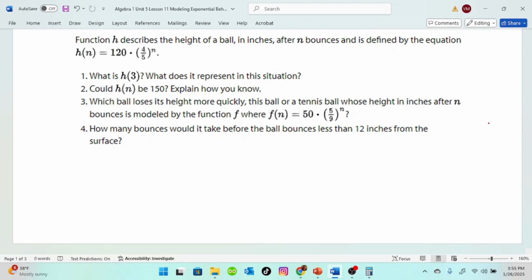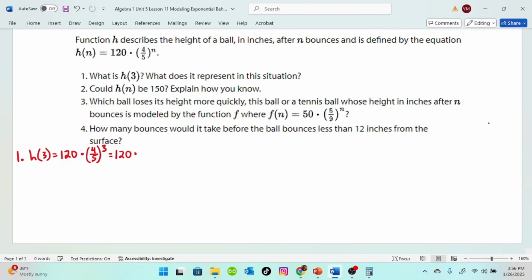So first, to solve it, all we need to do is substitute 3 into the equation for n. Now, 4 over 5 equals 0.8 when you put it in a calculator.